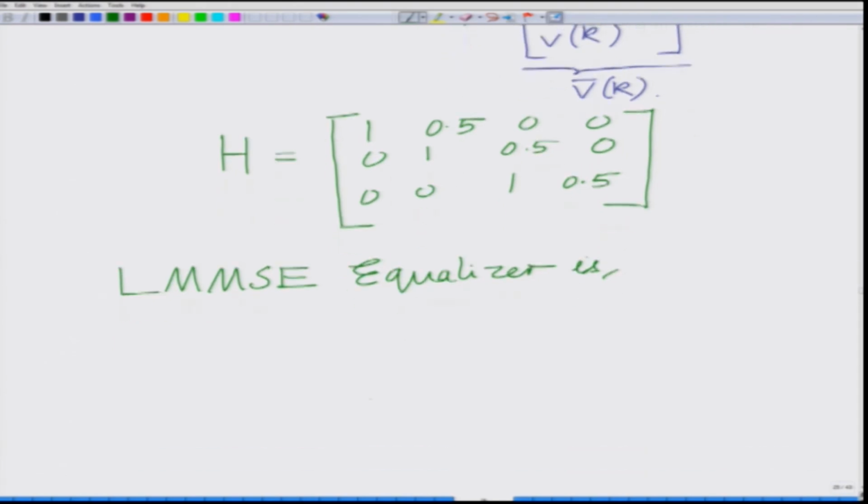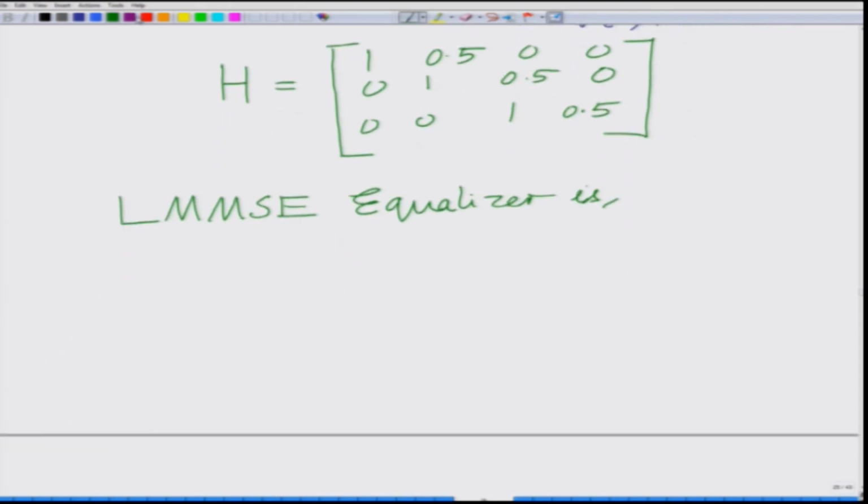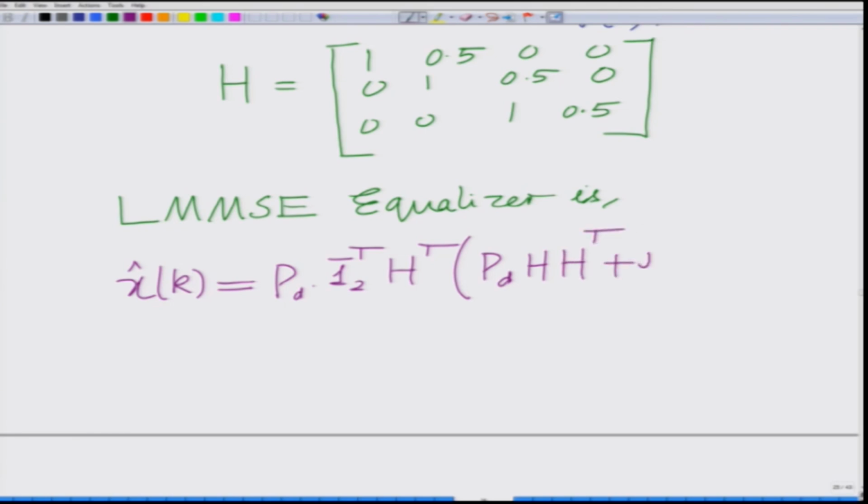Now, the LMMSE equalizer, notice that the LMMSE equalizer is given as x hat of k equals PD into the vector e bar 2 transpose H transpose, times PD H transpose plus sigma square identity inverse, into y bar k.